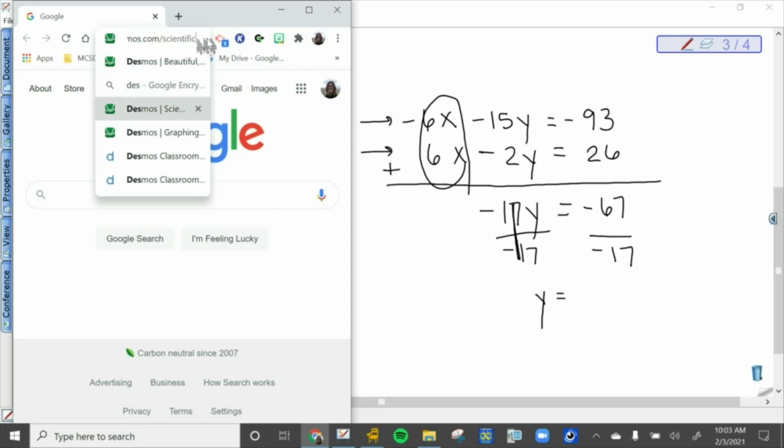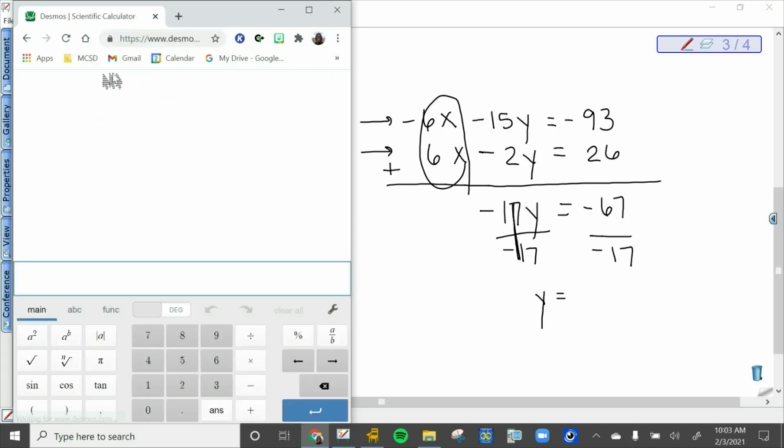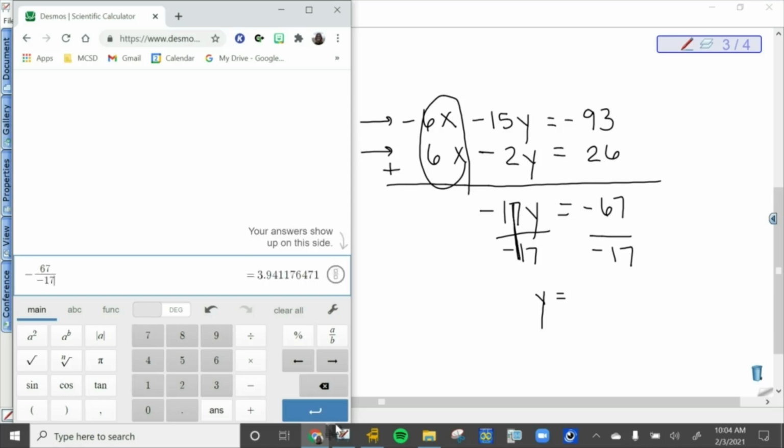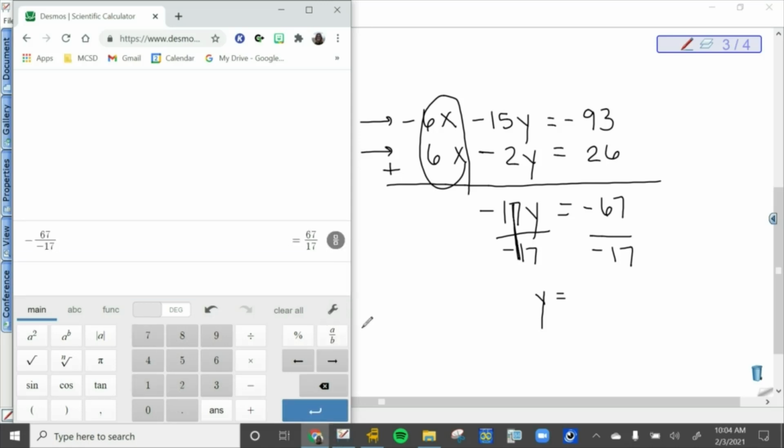Do you guys know what that means? One and itself are the only factors. So 17 can't be divided by 2 or 3 or 4 or 5 or 6 or anything. Negative 67 divided by negative 17 doesn't simplify.